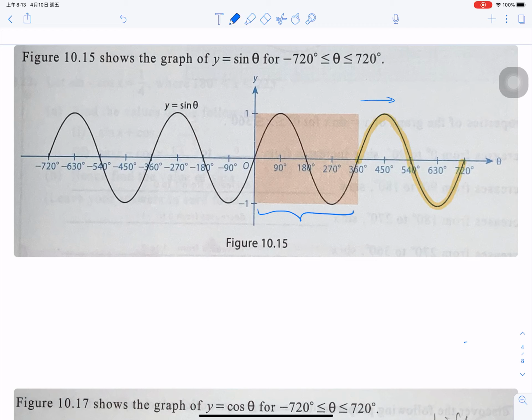So from 360 to 720 degrees, that means this part, this curve is the same as 0 up to 360.